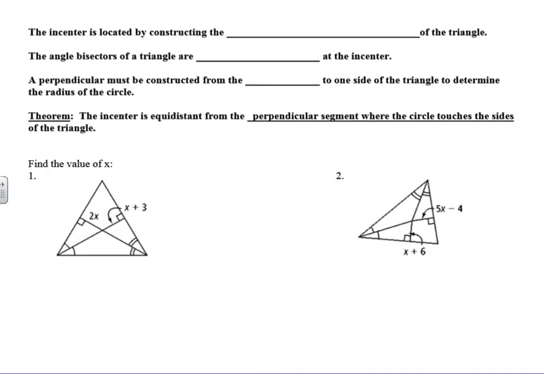All right, so the incenter is located by constructing the angle bisectors of a triangle. The angle bisectors of a triangle are concurrent at the incenter. Another way of thinking of that is it means they intersect at the incenter.